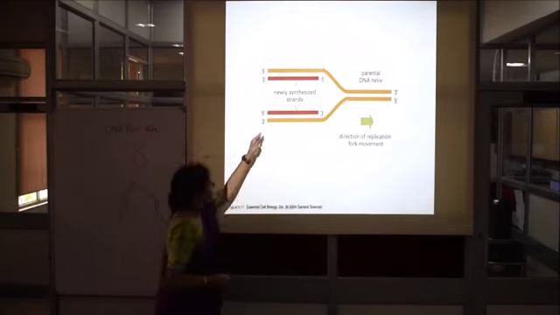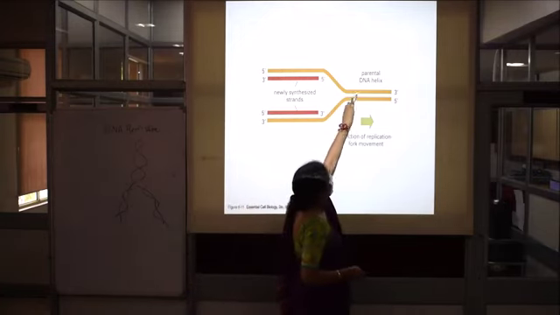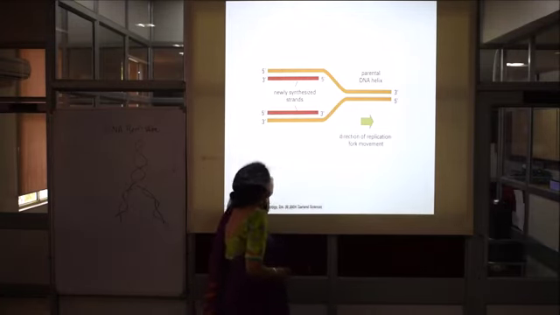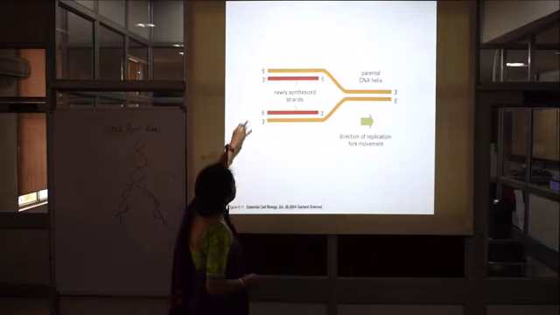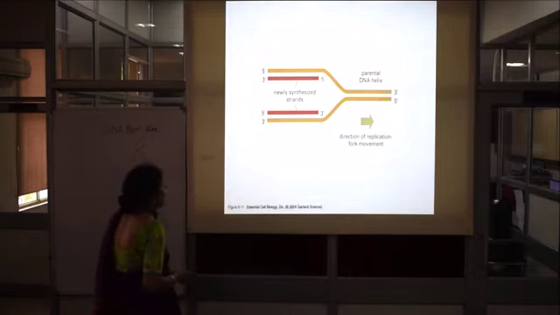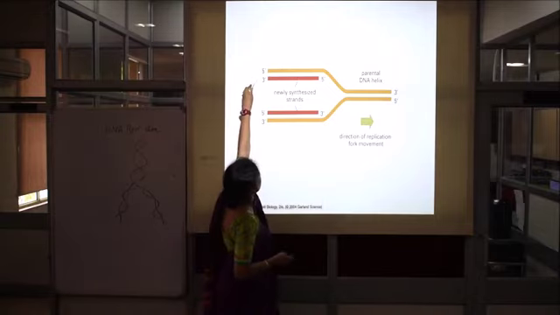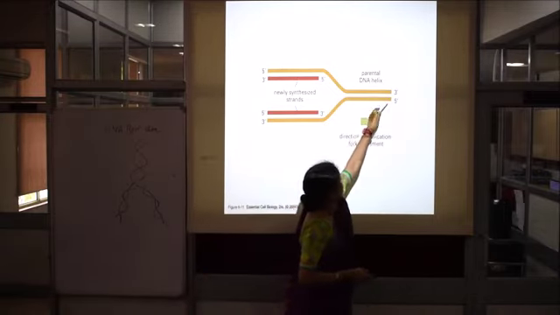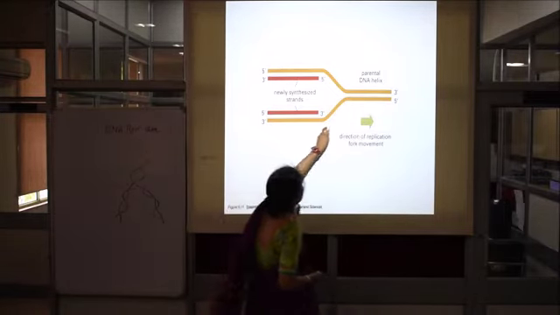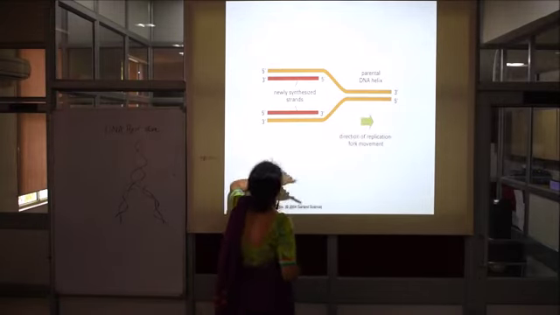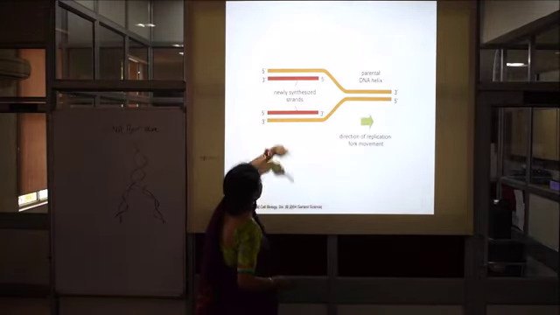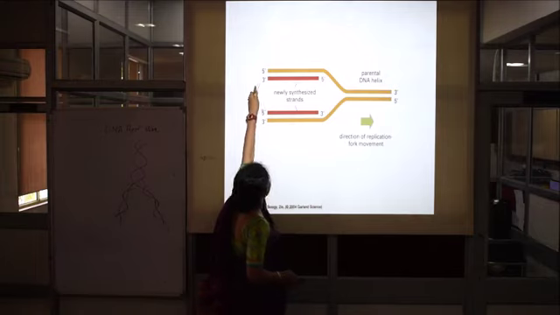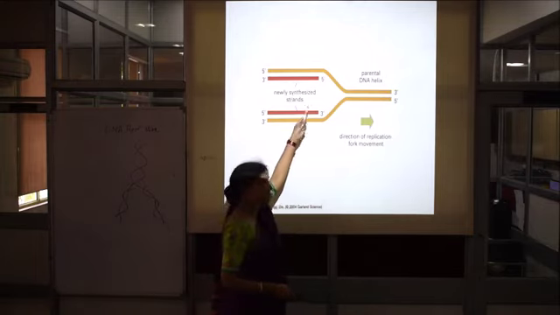Now, the parent strands in this particular structure are shown in yellow and the newly synthesized strands are shown in red. You can very well see the directionality of the parent strand, which is 5' to 3' in this strand and 3' to 5' in this strand. However, the newly synthesized strands are also anti-parallel to the parent strands.